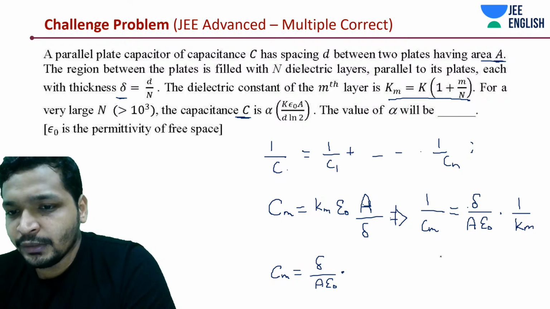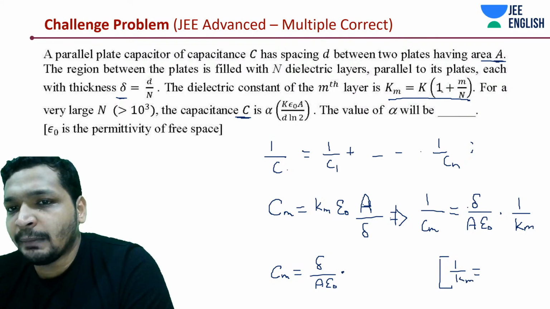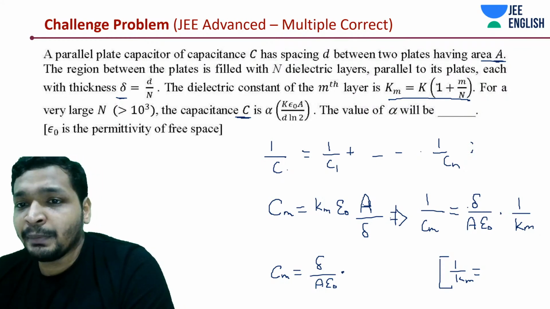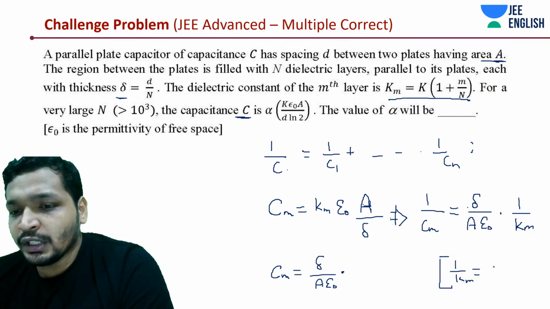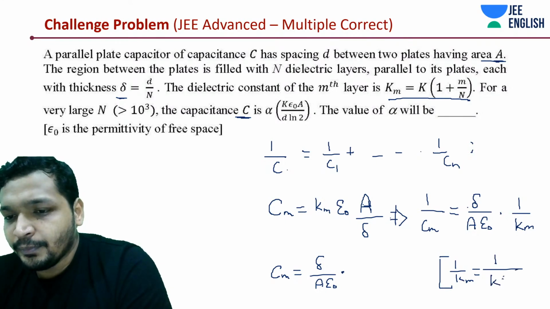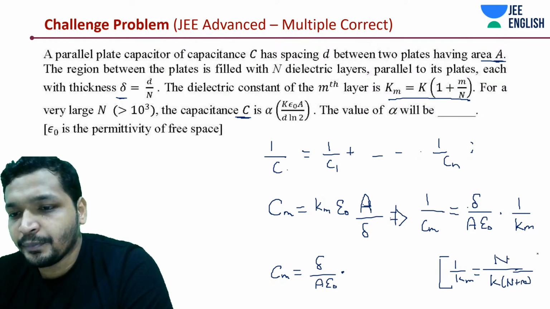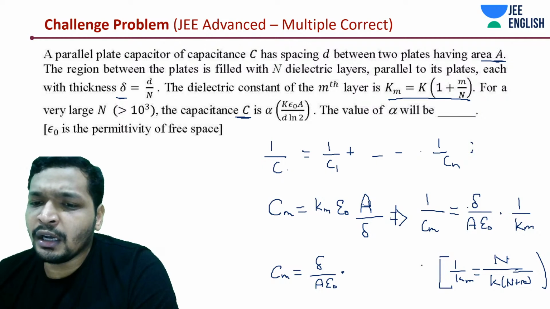If Km is K into 1 plus m by n, it's going to be K into n plus m by n, so 1 by Km is n by K into n plus m, for any given m.